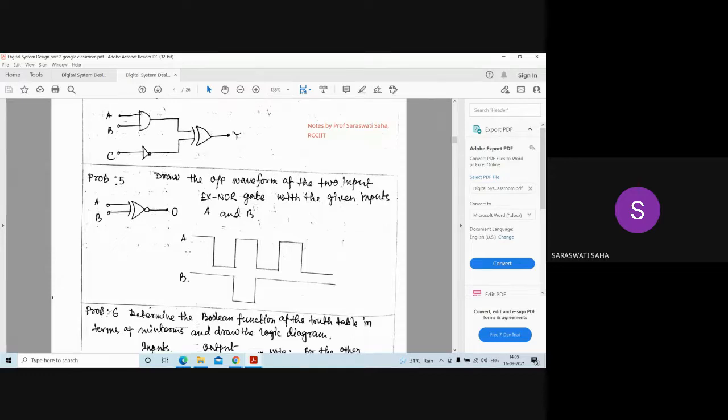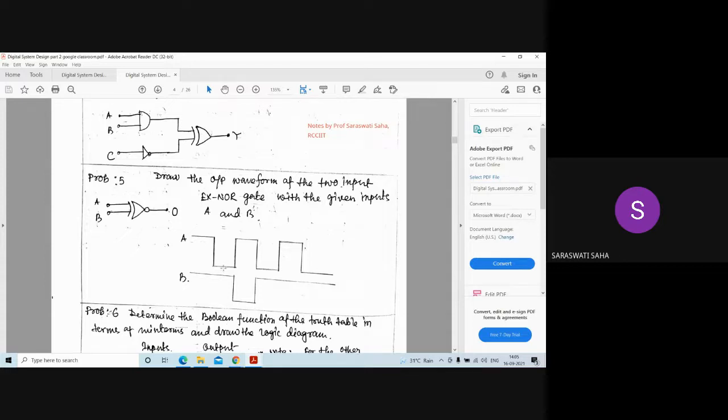Then from this point to this, consider this part in the time scale. Here, A is at low level voltage and B is at high level voltage. Then what will be the output voltage level?